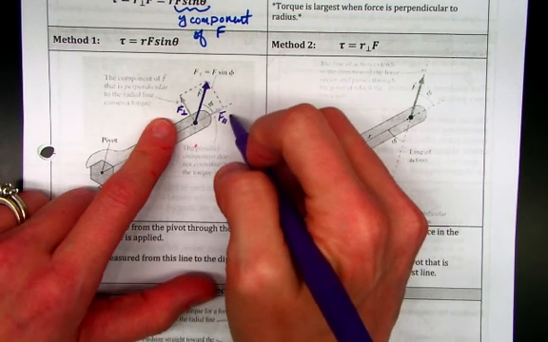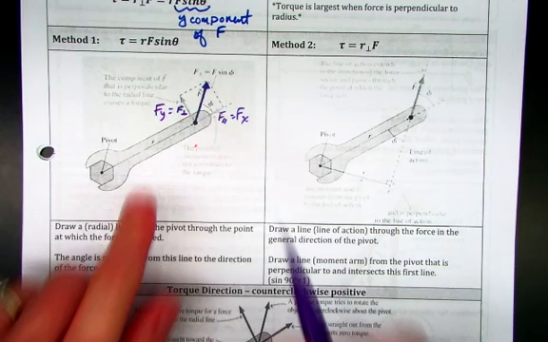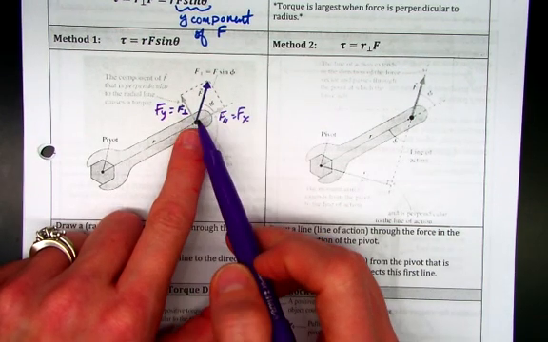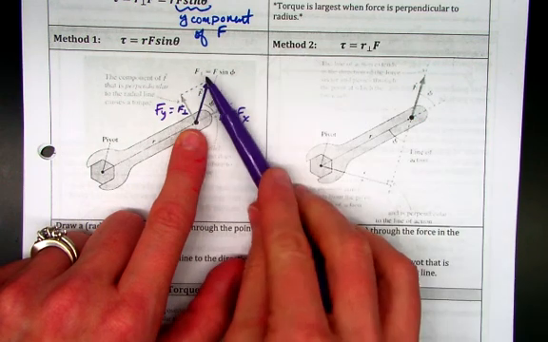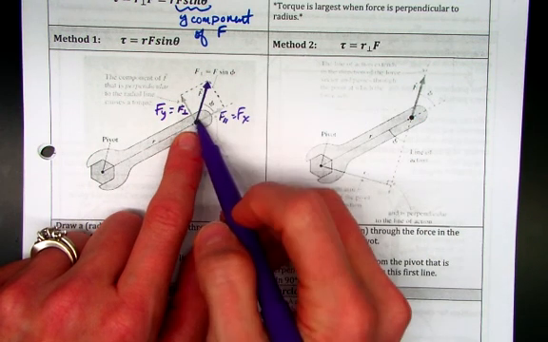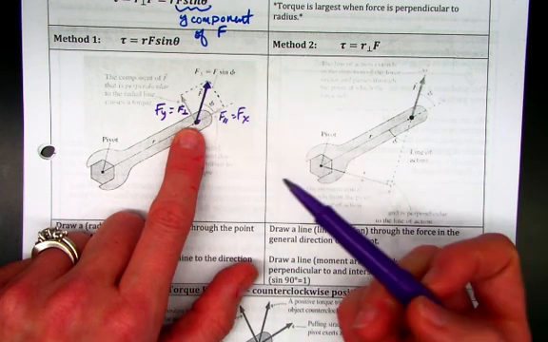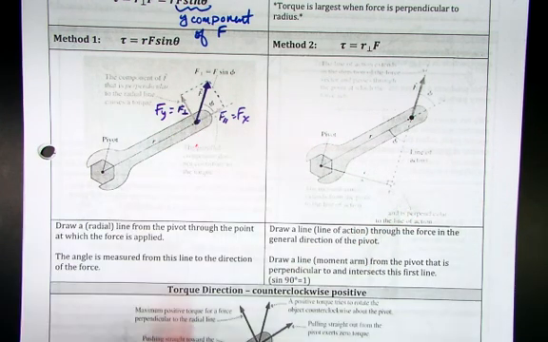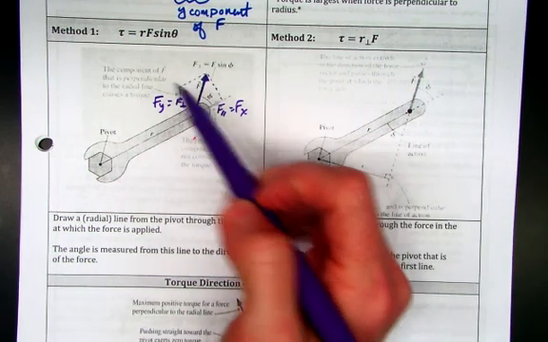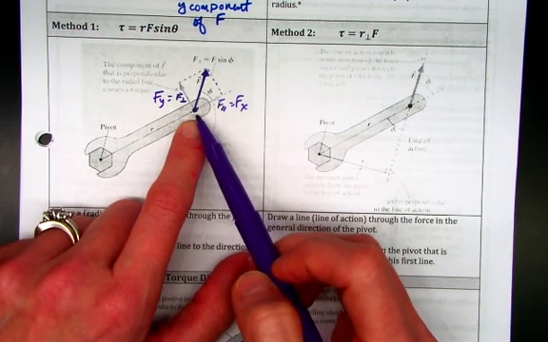So here's my y component, and it's just slid over at the location of this force. Everybody good? So if that's the case, if I'm trying to figure out what part of the force is helping to turn this, it's always the perpendicular part of the force, which is really just the y component. Well, if I treat this like an xy axis here, then this force is phi away from the radial line.